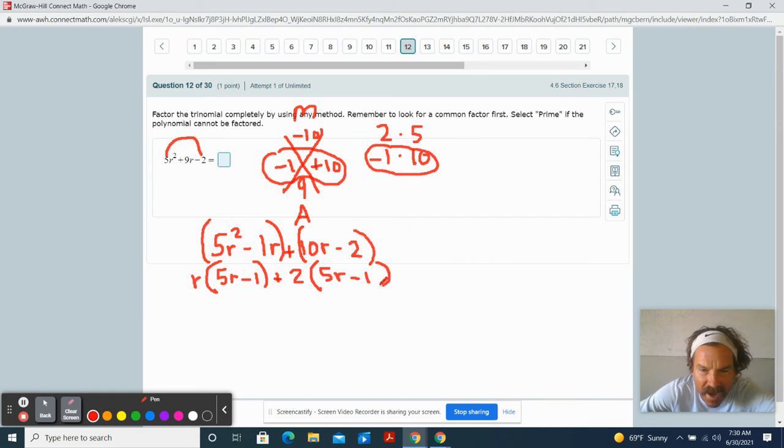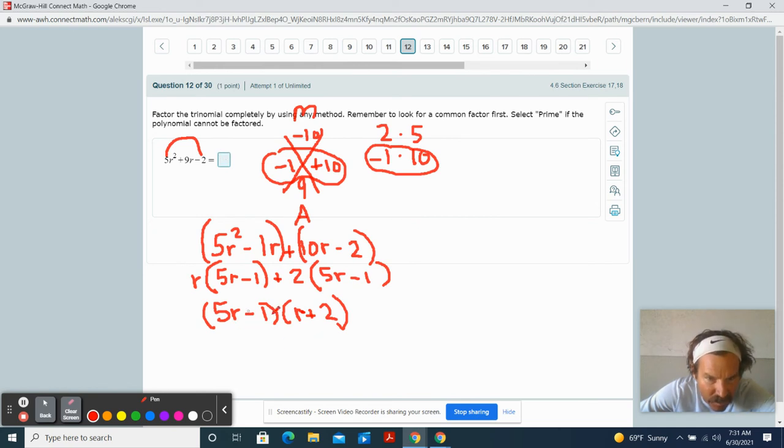So remember, in order for factoring by grouping to work, these two have to be the same, which they are. So then I can write it one time, 5r minus 1, and then r plus 2. Okay, and that's my answer there. 5r minus 1 times r plus 2 is the factored form of this.